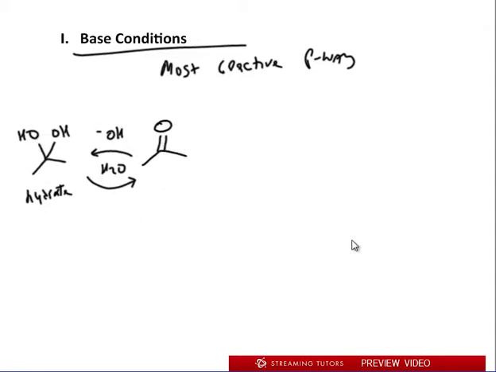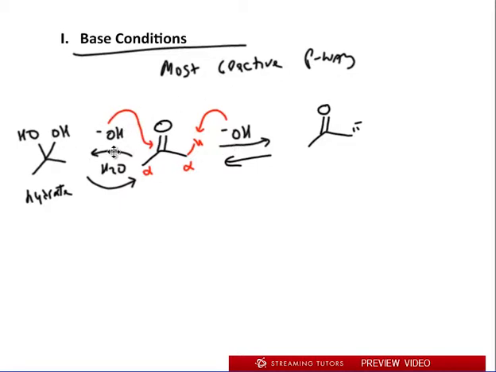And every so often, what's going to happen is that we're going to be able to use a base and deprotonate the alpha carbon. So that's just another thing that can happen besides having this go directly in. Okay, so every once in a while, we pull off an H, and all of a sudden, we have an alpha anion. Now again, this right here is in equilibrium as well. So it's constantly going back and forth. So there are three different states to this ketone.